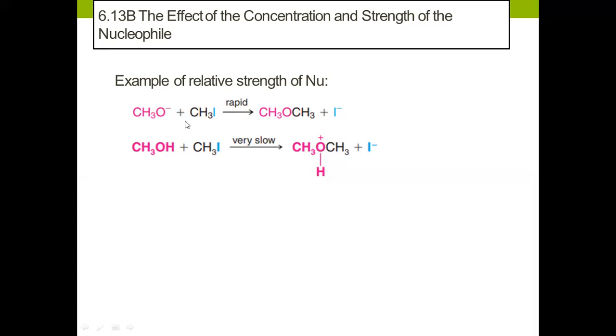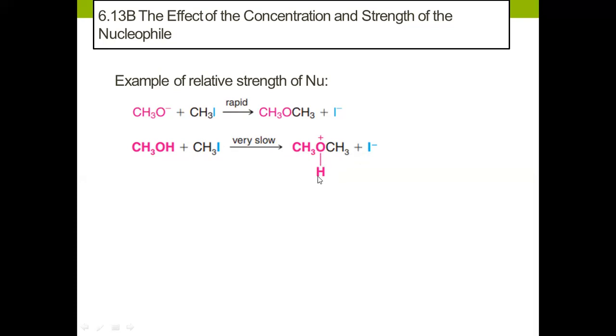This is an SN2 reaction, so you have to remember that it is a concerted reaction, to produce your product. The product is CH3O, CH3, and I. The I will leave, and you have O plus here.